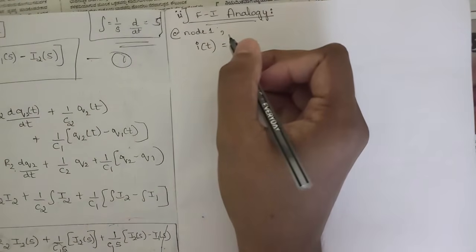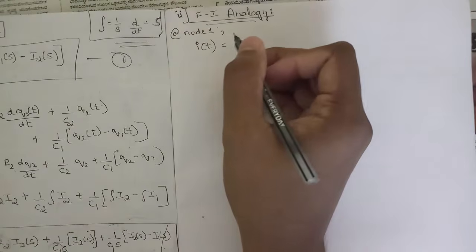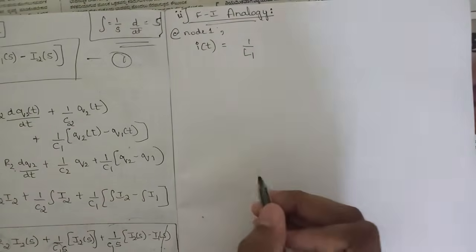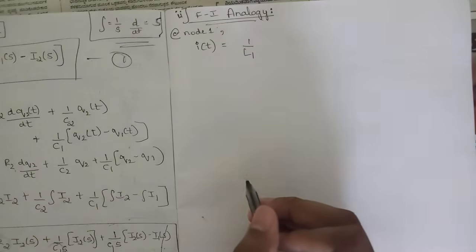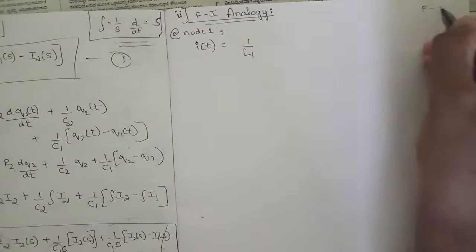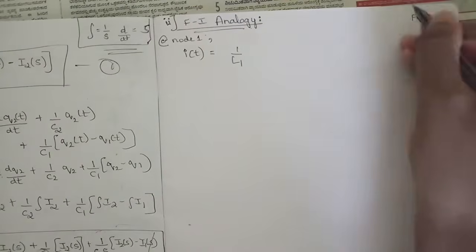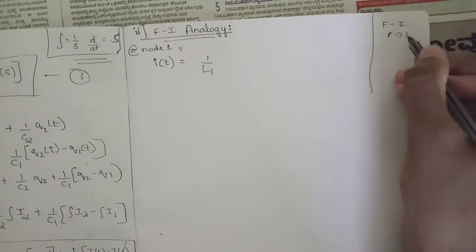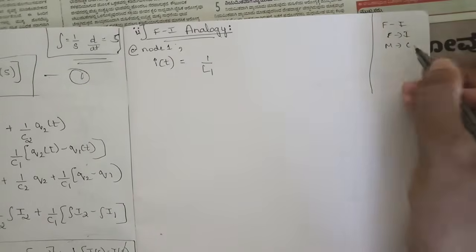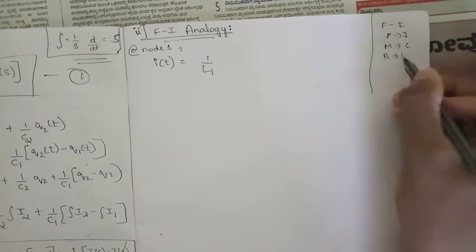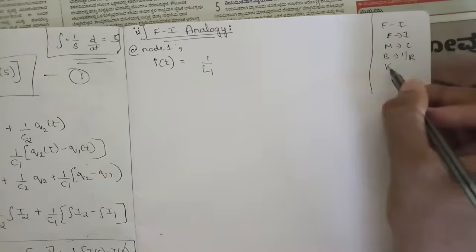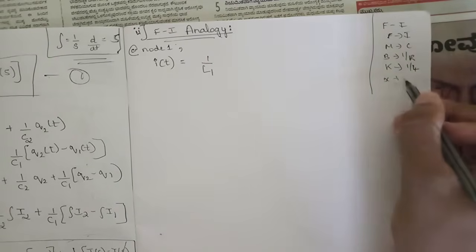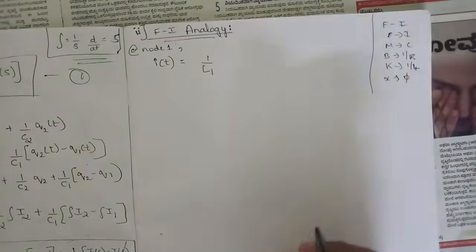The next thing we have is K1. K1 would be replaced by 1 by L1. In the FI analogy, you can make a note of it here: F is replaced by I, M is replaced by C, B is replaced by 1 by R, K is replaced by 1 by L, X is replaced by phi, that is flux linkage.